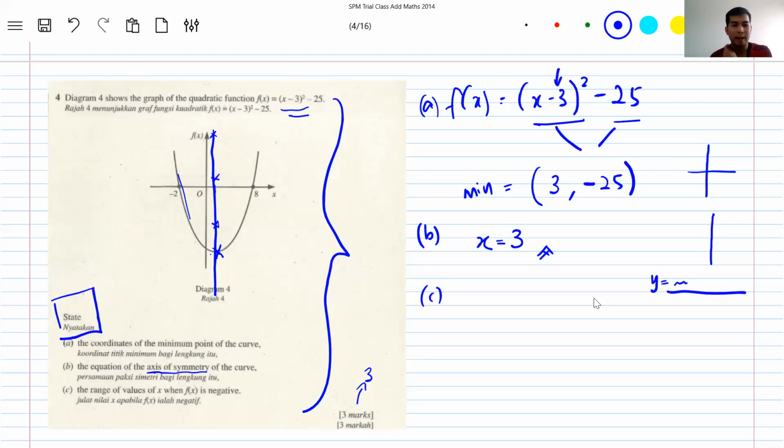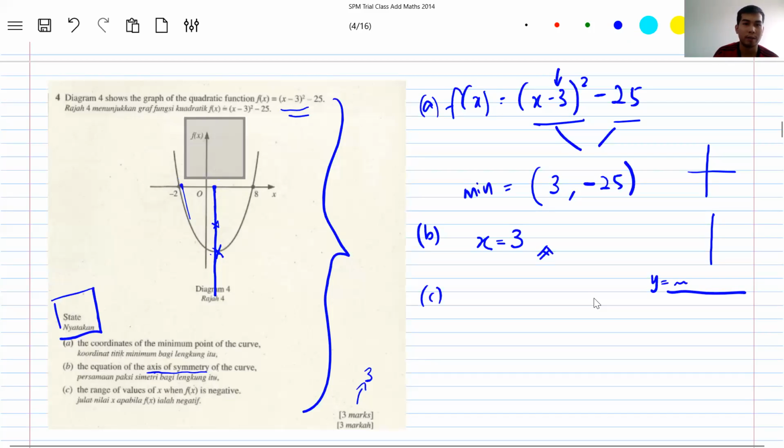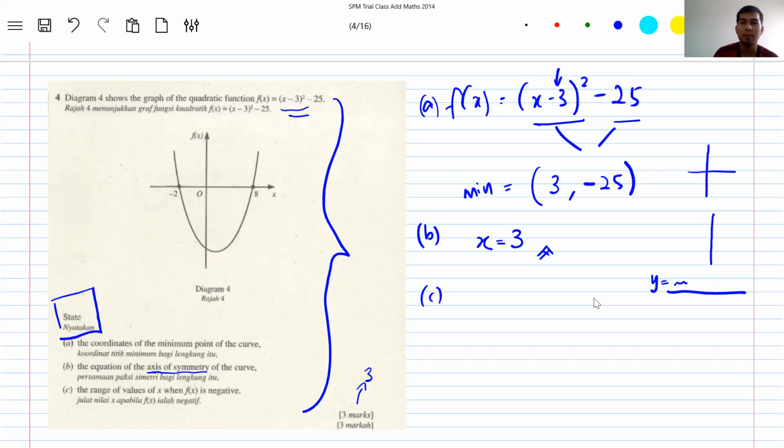Okay, and C, the range of values of x when f(x) is negative. Allow me to erase this so I can show a clearer drawing. You see, the f(x) curve runs along this.